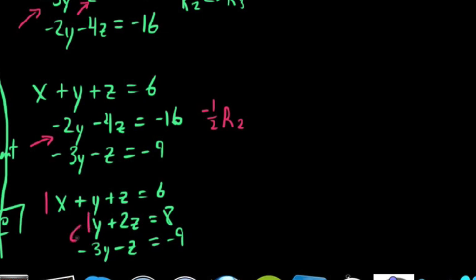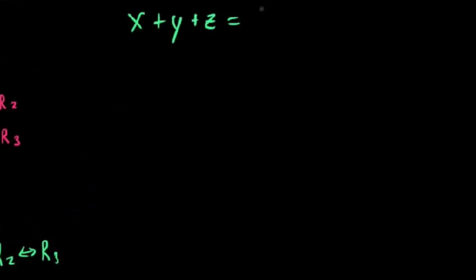So now, since we have a 1 here and a 1 here, we're going to knock out everything below this y in the second row. So we need to knock out this negative 3y. So our ERO that we're going to do is this. We're going to triple our second row and add that to our third row. And we're going to write that system up here. If we did this, we got x plus y plus z as our first equation.